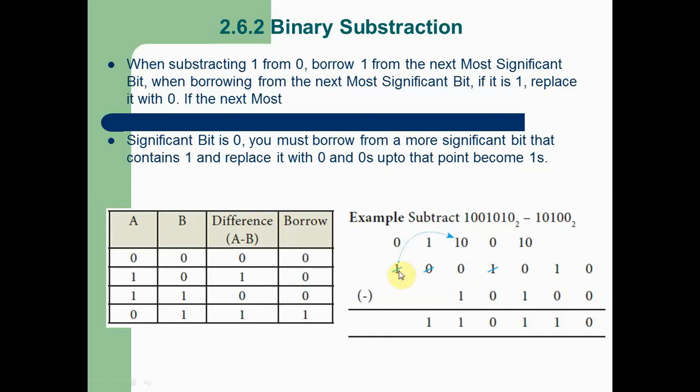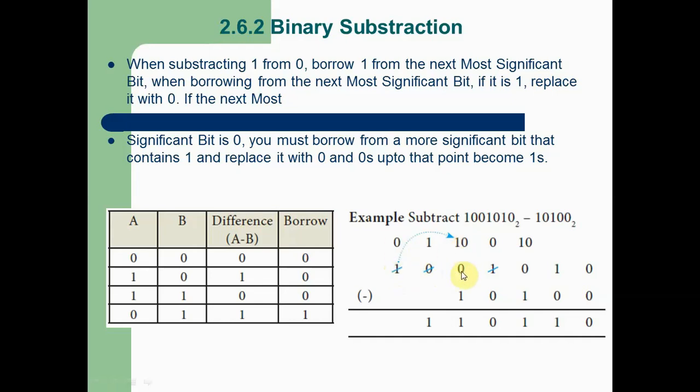When we borrow this 1 to here, if you have any zeros in between, then all those zeros become 1. As usual, this 1 becomes 0, and this 0 becomes 1.